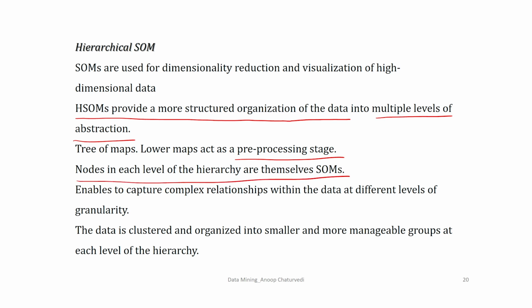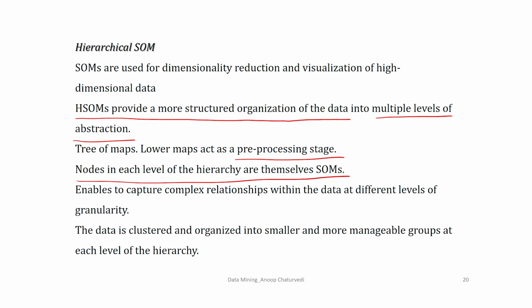You have different levels of hierarchy, and if you consider a particular level of hierarchy, then you obtain a particular self-organizing map. So, basically what you have is a tree of maps, a tree of self-organizing maps.